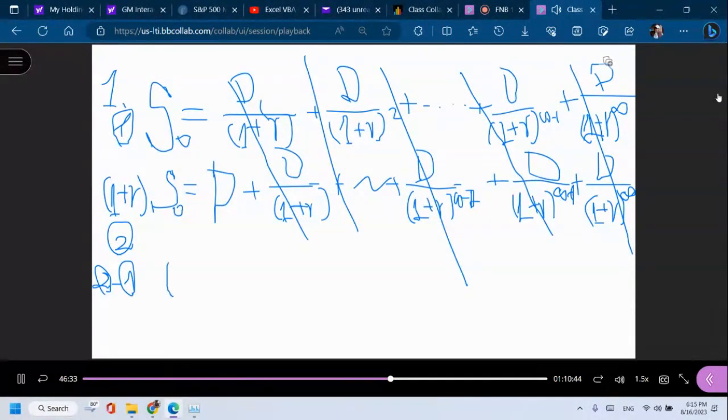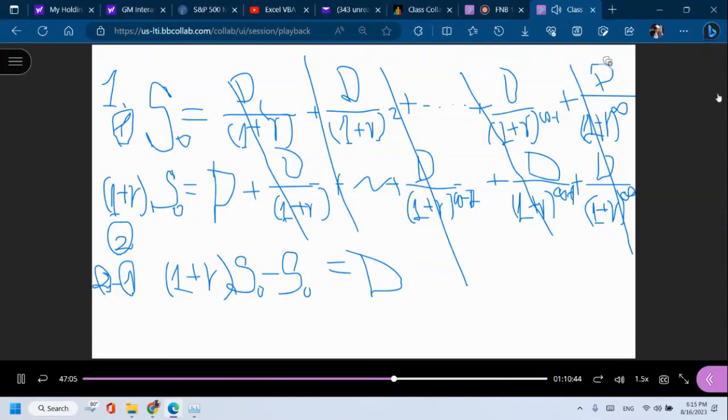So then, finally, what do you have? Eventually, you will be left with 1 plus R times S0 minus S0 on the left-hand side. And on the right-hand side, just the dividend, right?